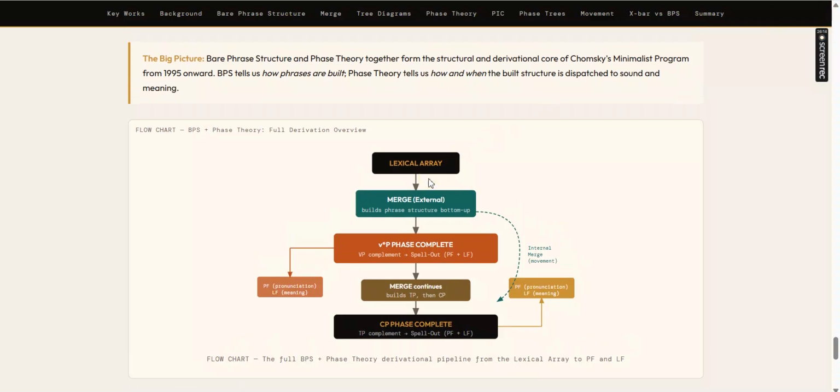Lexical array, then merge VP, phase complete, here PF and LF, then merge continues to build TP and CP, then it is frozen, it is locked here, then CP completes, and this forms the full BPS and phase theory structure.